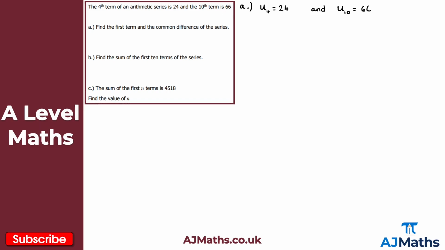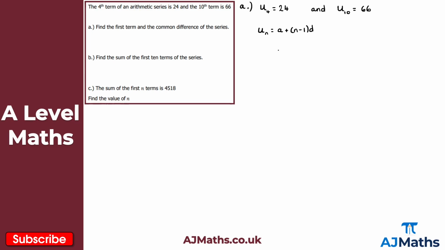Okay. So what's the formula here then for the nth term of an arithmetic series? So Un, this is the nth term here, is equal to a plus n minus 1 times d, the common difference.